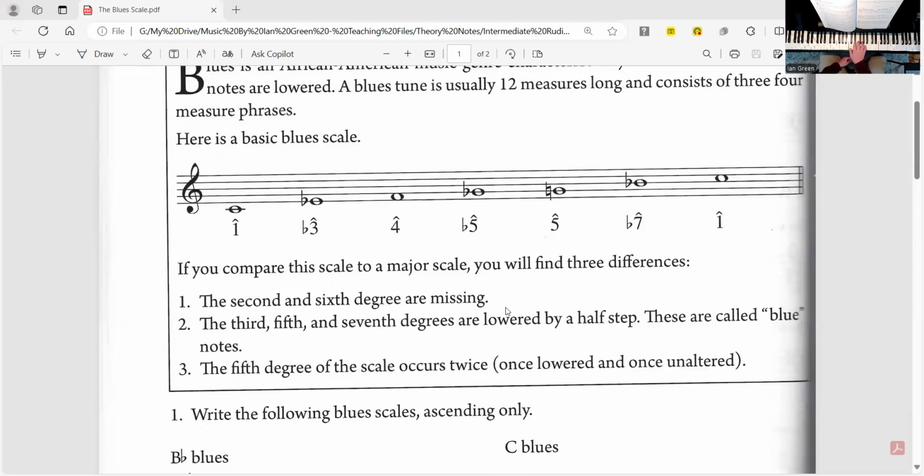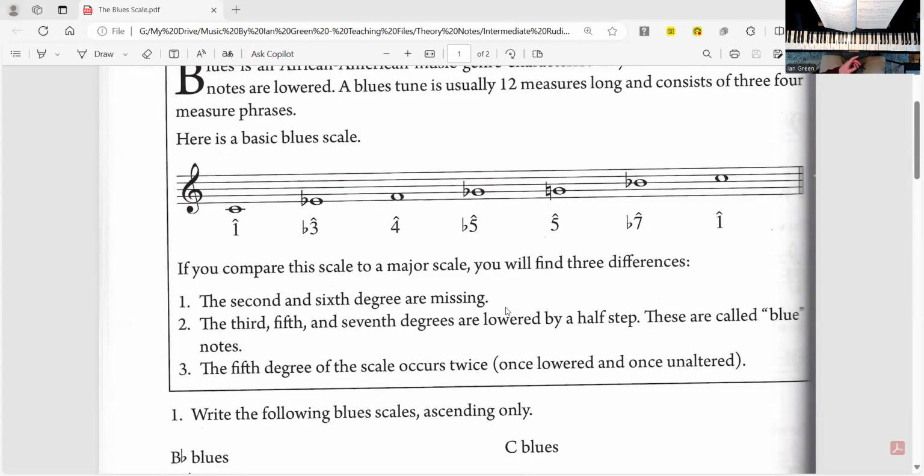And the notes are C, E flat, F, G flat, G, B flat, and C. And you can have some fun creating improvised music with that.